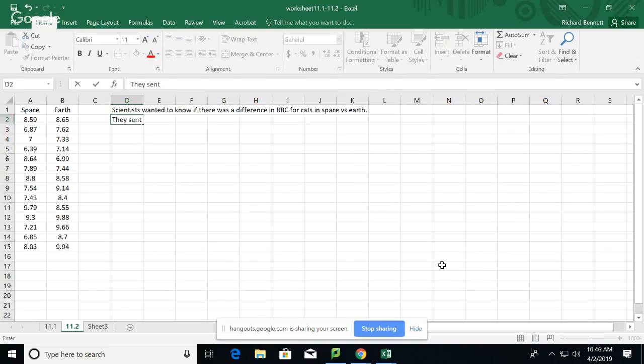They sent 14 rats into space and checked the red blood cell count and compared it to the red blood cell count for 14 Earth rats. Is there a significant difference? Use alpha equals 0.05.